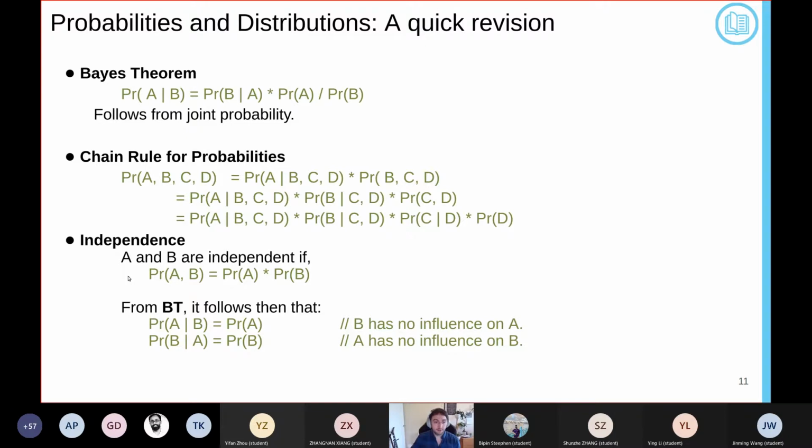Finally, we have another bit. A and B are independent if the probability of A and B equals the probability of A multiplied by the probability of B. So this is something to have in mind. From the Bayes theorem, it follows that if this is the case, the probability of A given B is equal to the probability of A, and the probability of B given A is equal to the probability of B. So this is just a little bit of a refresher of rules.